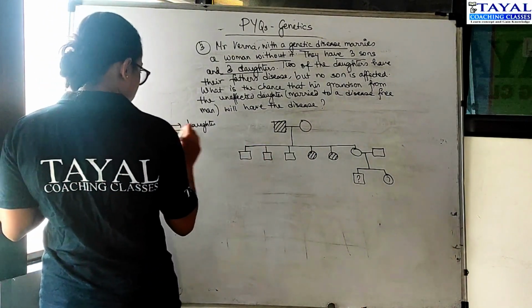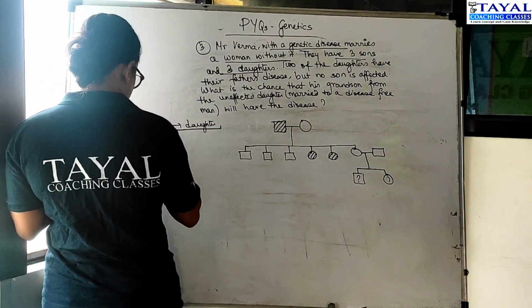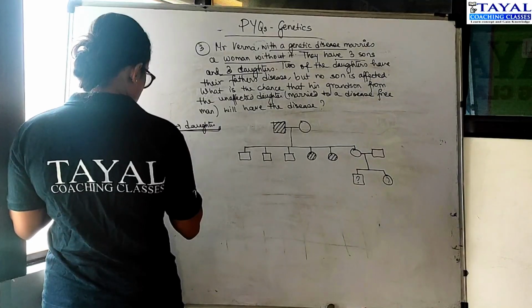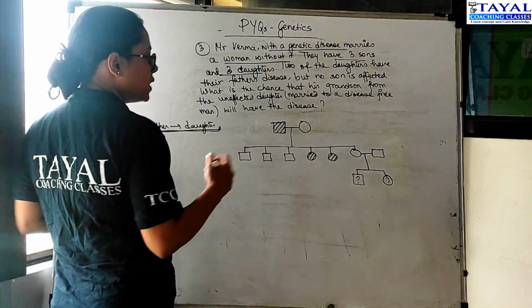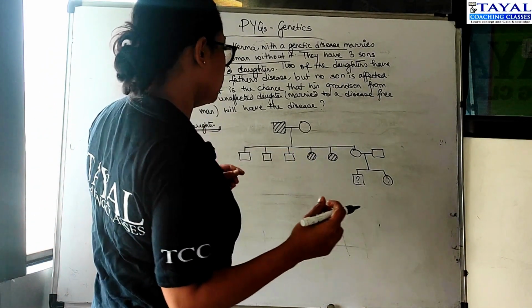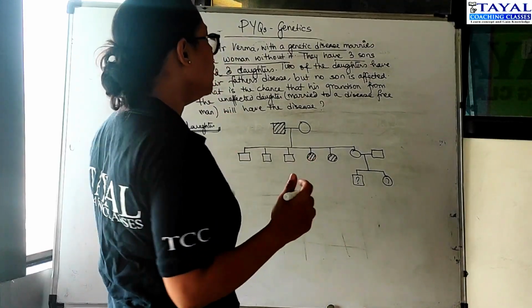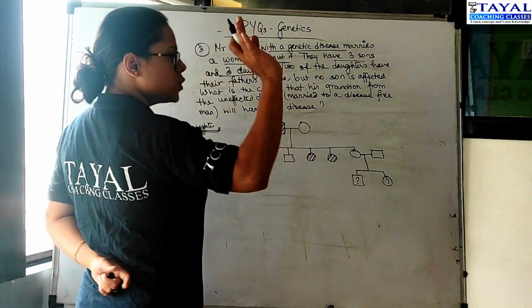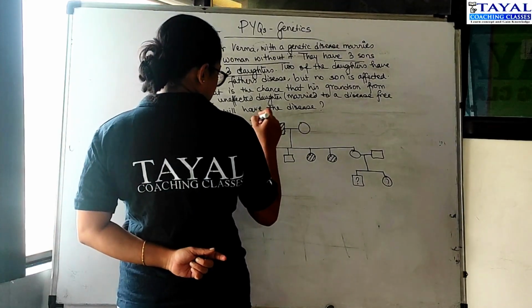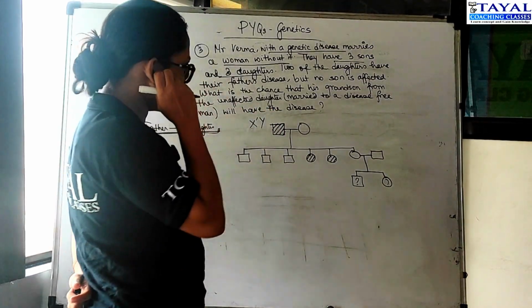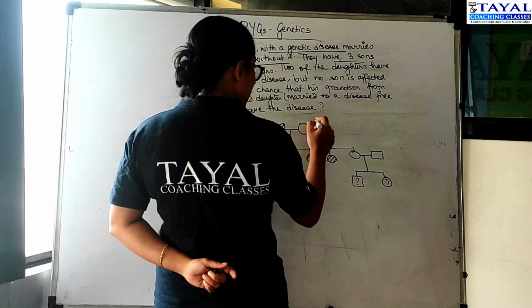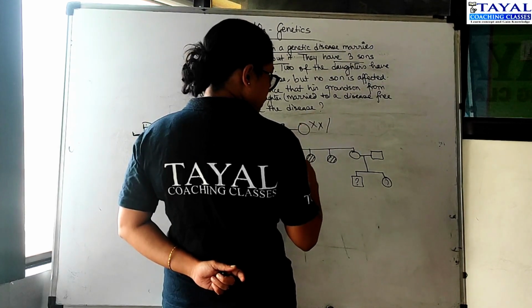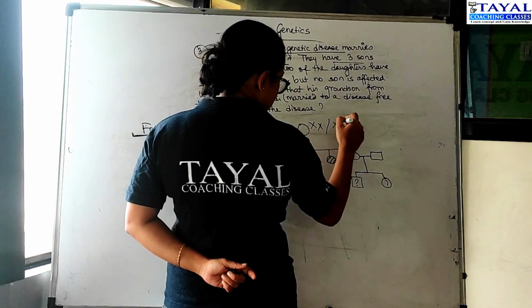Because there is a father-daughter inheritance pattern, we see a crisscross inheritance pattern. Therefore, we are going to guess that it is an X-linked disorder. If it is X-linked, then the father's genotype would be X'Y, and the mother can either be normal or carrier.